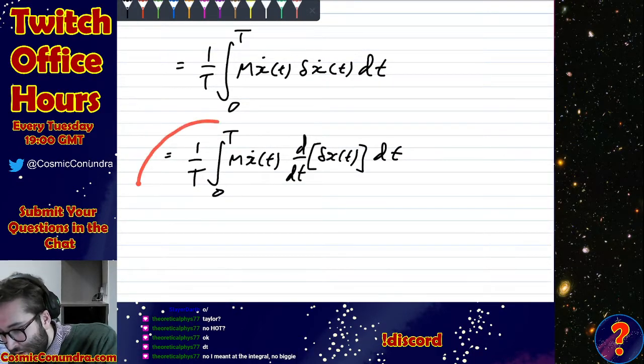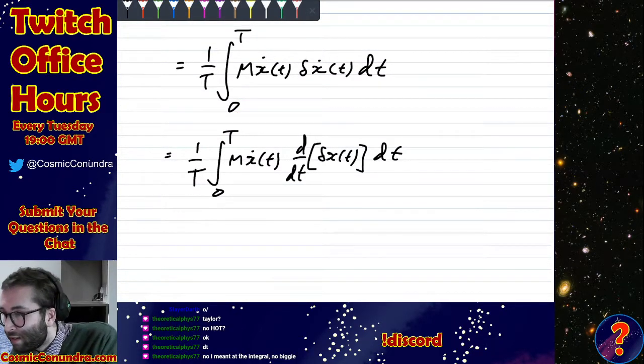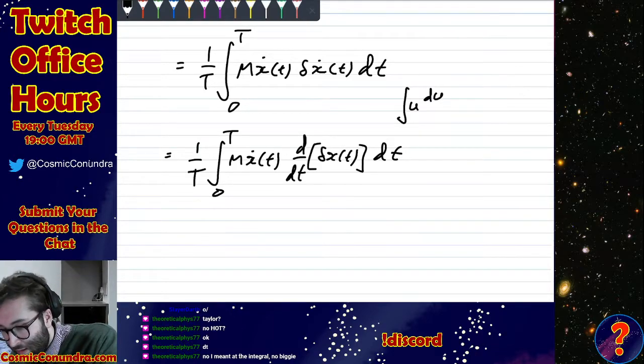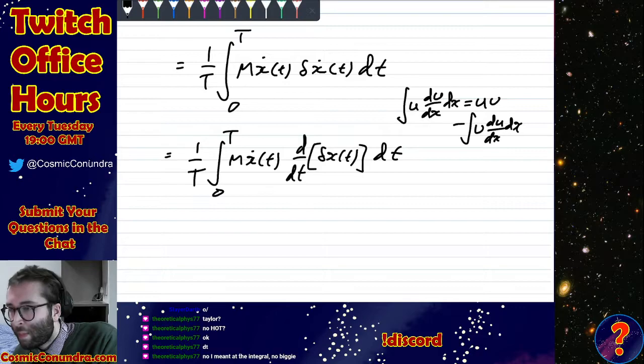And now what you can do is integrate this term here by parts. So you know this integration by parts formula that looks like this: the integral of u dv/dx dx is uv minus the integral of v du/dx dx.